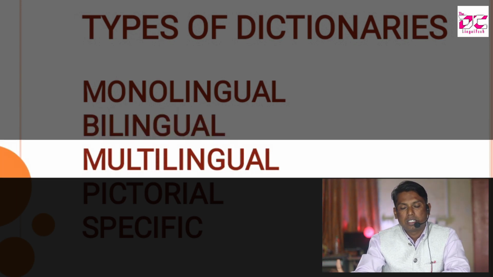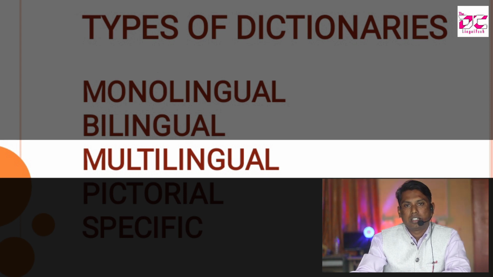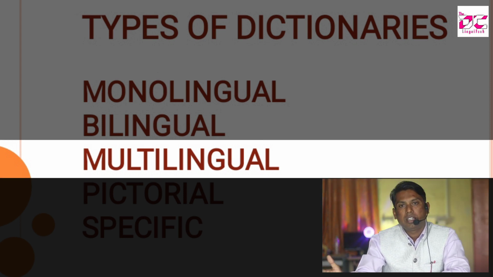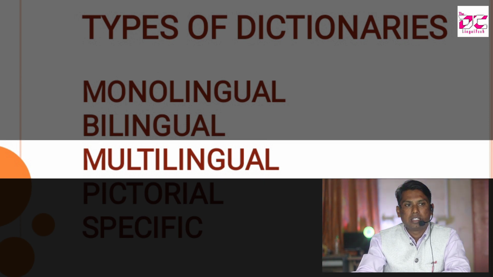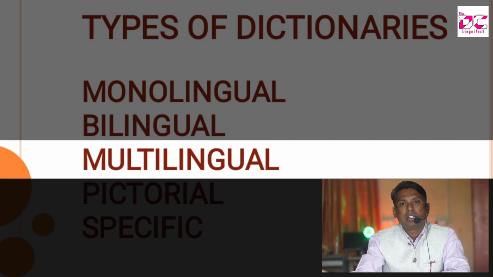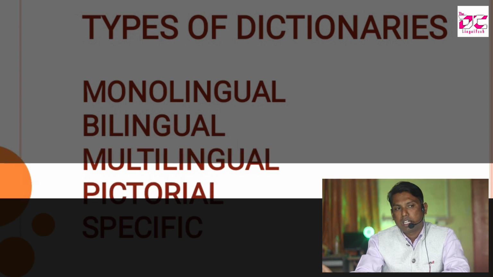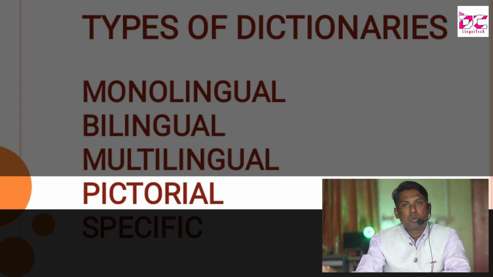Multilingual dictionaries are the dictionaries where three languages are there, like English, Marathi, Hindi, or Hindi, Tamil, Kannada, something like that. And then we have pictorial dictionaries where most of the pictures and their parts are given.